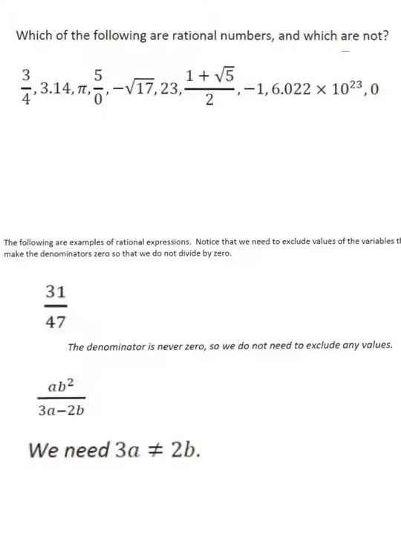So let's see what we've got here on these, okay? We'll take a look at the first one here. I've got the fraction 3/4. That, of course, is 0.75. So I'm going to circle it. That's rational. A lot of you guys say, oh, 3.14, that's pi. That's not rational.